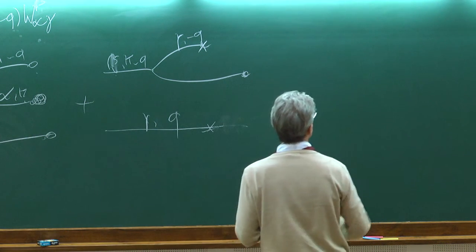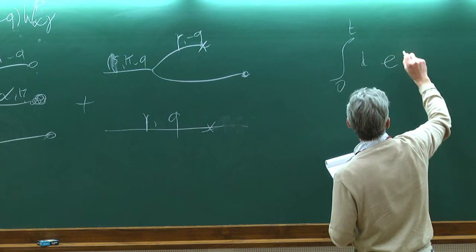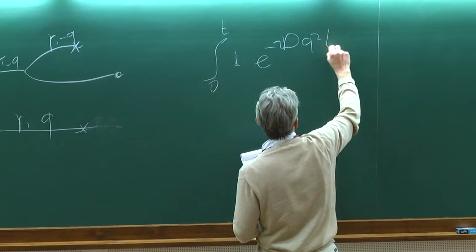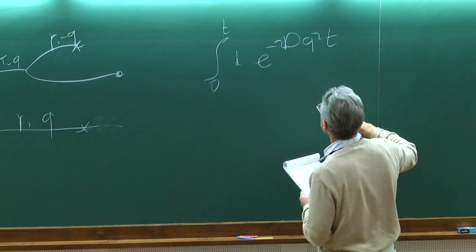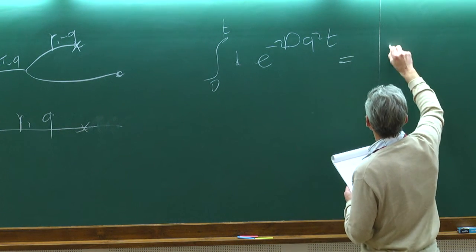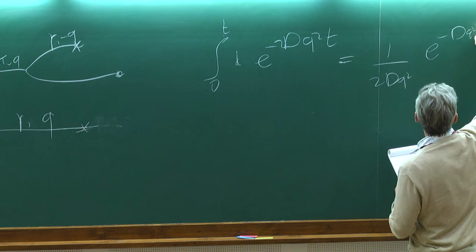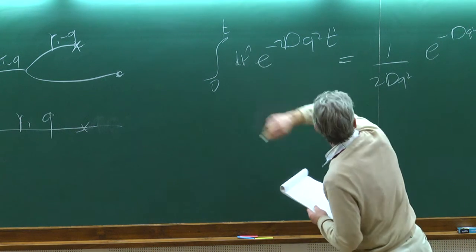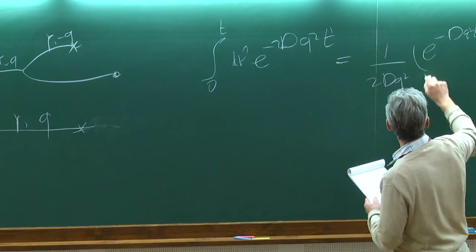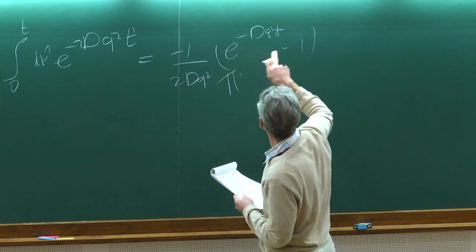So what I use is this property that the integral from 0 to t of dt e to the minus 2 D q squared t equals one over, well, the integral over dt prime minus 1. And then this would just compensate the term which comes from, well, it is the minus sign here, it's plus 1, minus 1.